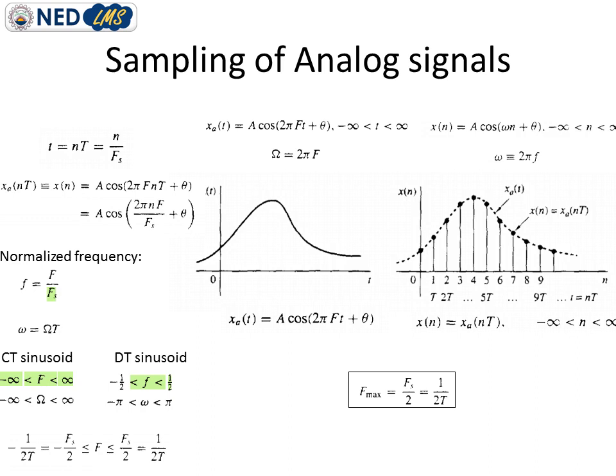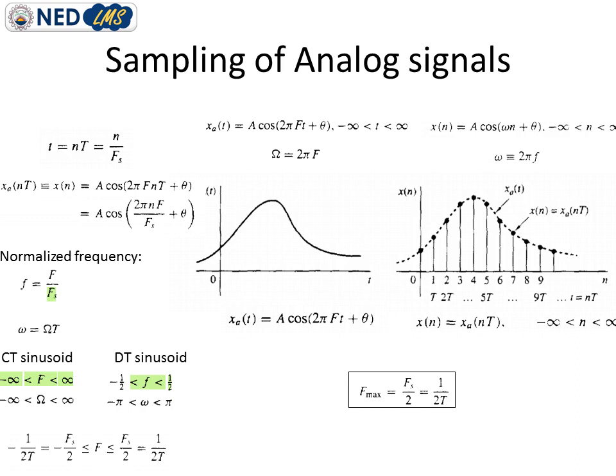So what can we deduce from this expression? This relationship is very powerful in determining the correct sampling frequency to sample any continuous time signal and to convert it into the discrete time domain.